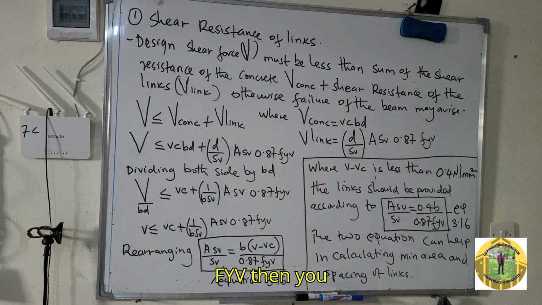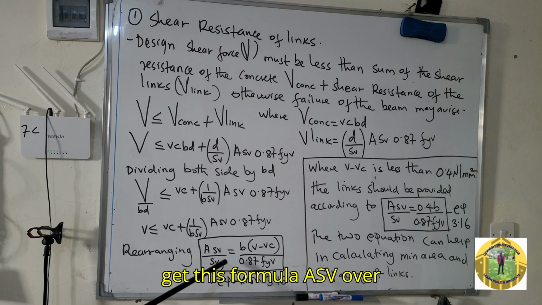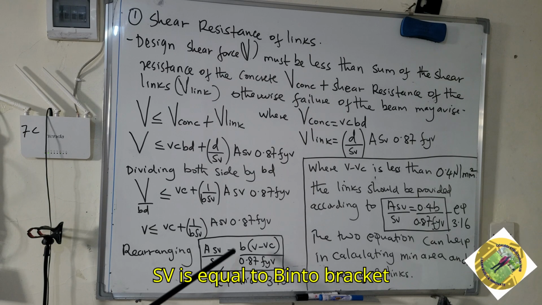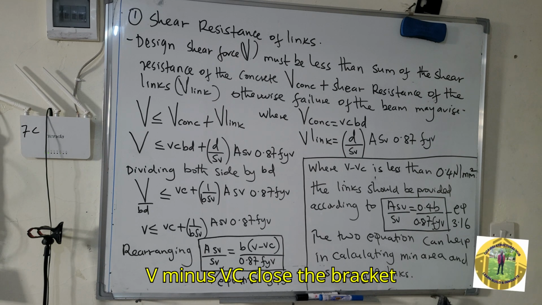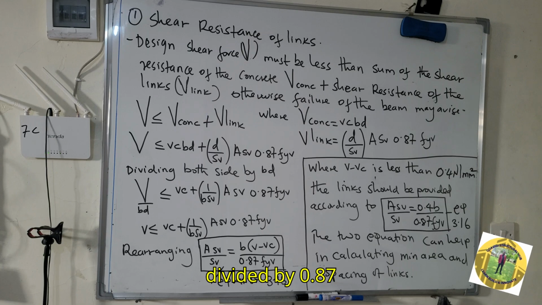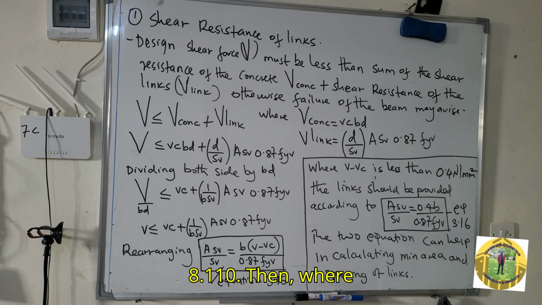0.87 fyv. Then you rearrange, and you will get this formula: Asv over Sv is equal to b into bracket v minus vc, close the bracket, divided by 0.87 fyv. So this is equation 3.15 in BS 8110.